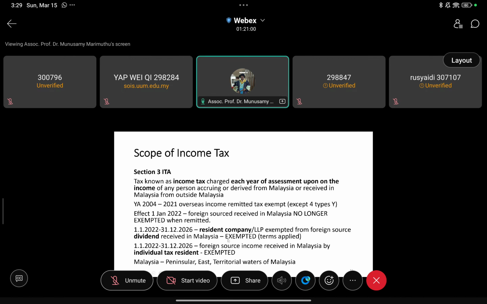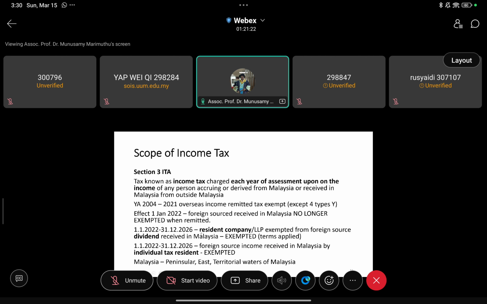But again, there is a lot of confusion. From 1 January this year, a resident company, for the time being take it as any Malaysian company, will be exempted on foreign source income, but only for dividend.